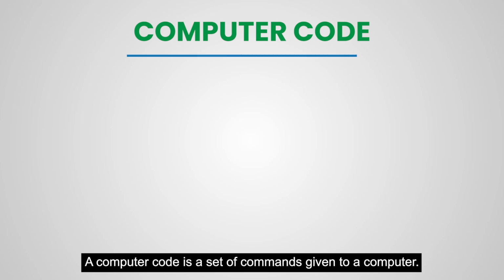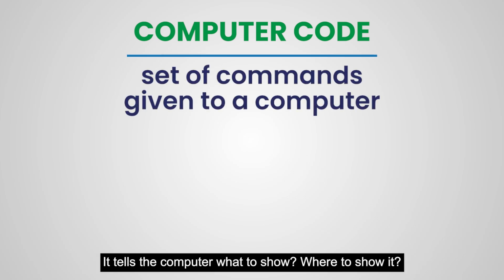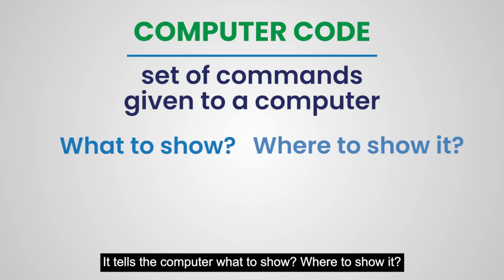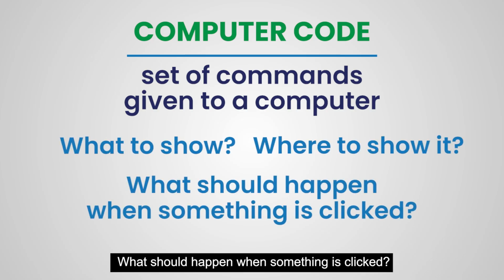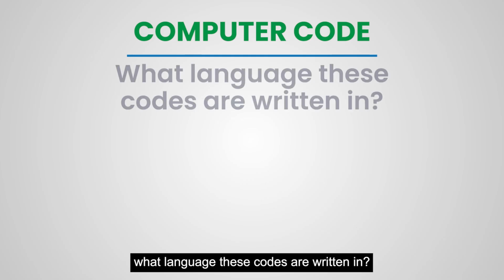A computer code is a set of commands given to a computer. It tells the computer what to show, where to show it, and what should happen when something is clicked. Now students, do you remember what language these codes are written in?